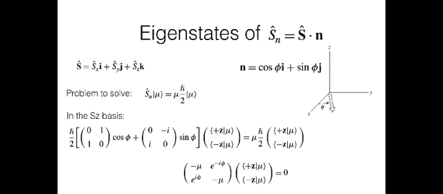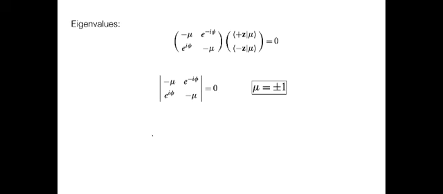Once you've written the matrix that you need to diagonalize, which is this one right here, you end up with a system that's fairly typical, that you have solved many times over. In fact, an eigenvalue problem for a 2 by 2 matrix is quite trivial for you at this point. But the point is that, of course, we find mu equal plus or minus 1. Remember, I use mu times h bar over 2, so of course the eigenvalues are still h bar over 2 and minus h bar over 2, which makes sense.